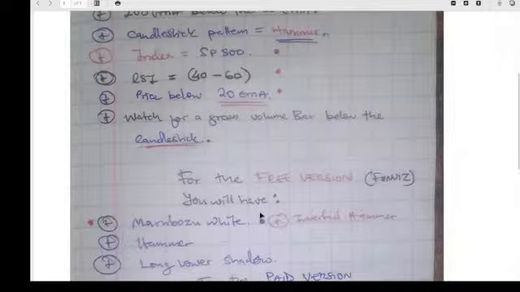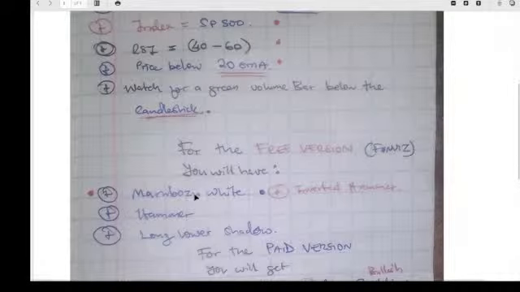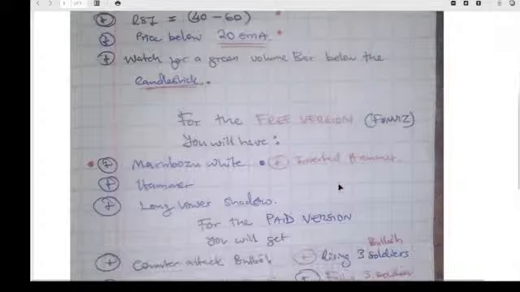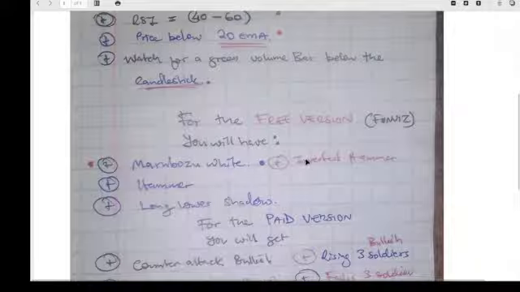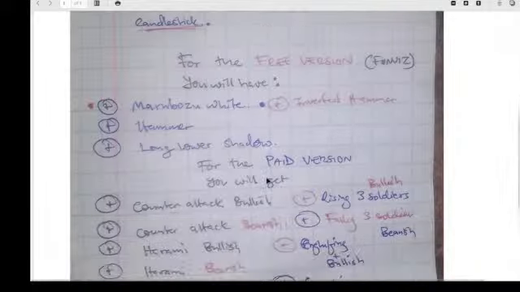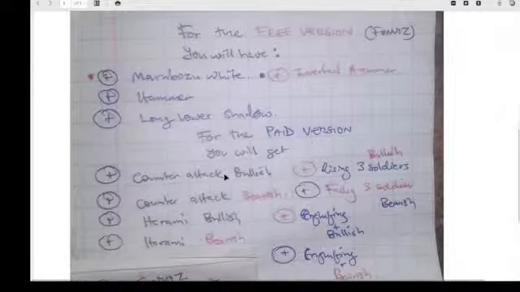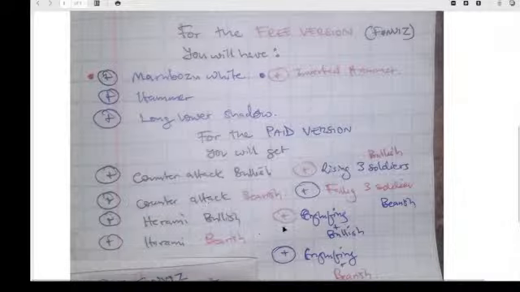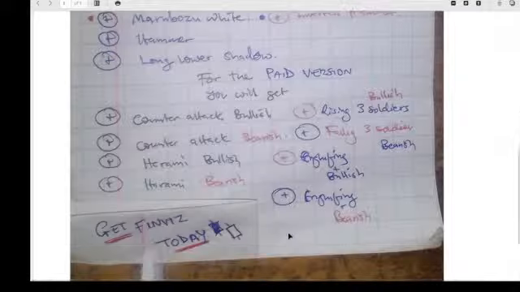For the free version of Finviz, you have Marubozu white, hammer, long lower shadow, and inverted hammer. The reason why it's red is because this is my favorite pattern. I love the inverted hammer. For the paid version, you get all these other types of candlestick patterns plus more.